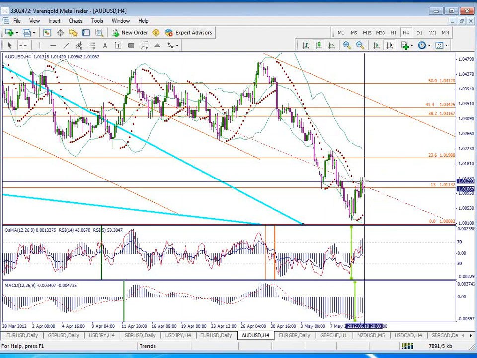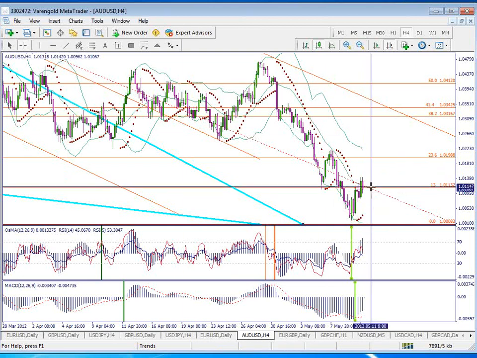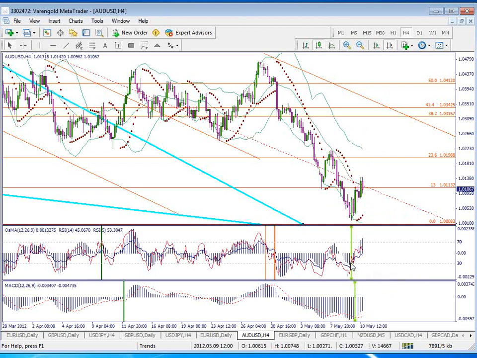It means about 90 pips, and stop loss maybe 70. It was the signal earlier.